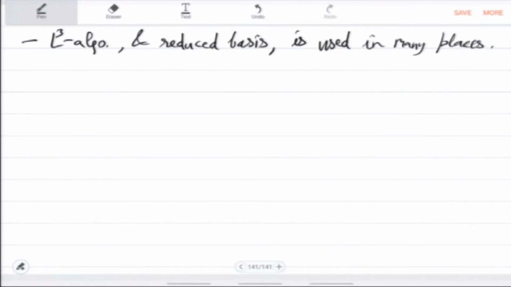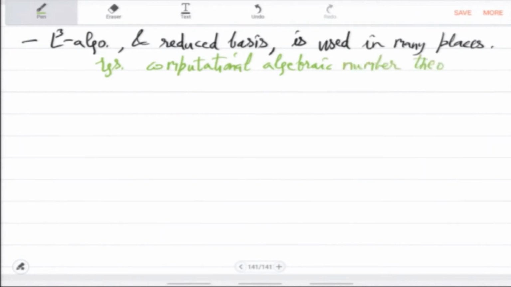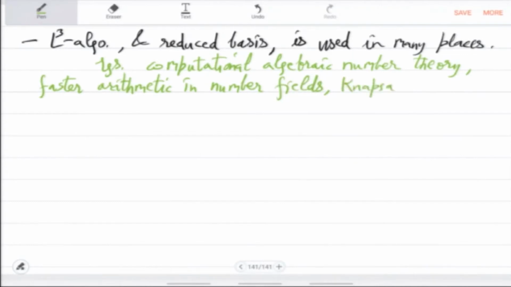So, examples are computational problems in algebraic number theory, faster arithmetic in number fields, the knapsack problem, and so on.